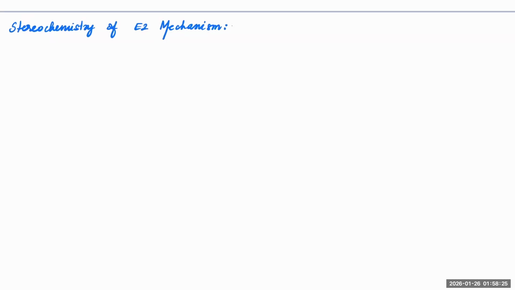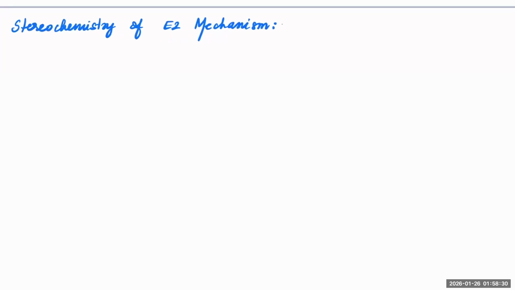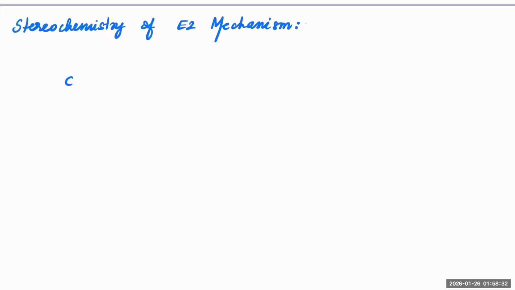First, let me explain the bond types, how they are. For example, if you have a carbon having a bond here with chlorine on this direction, and let's say other three bonds are like this, correct? Because it is a tetrahedral formation, we usually expect like this.